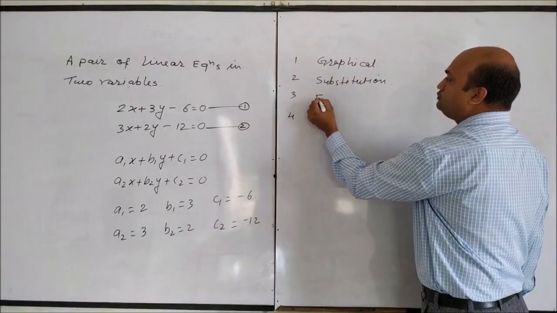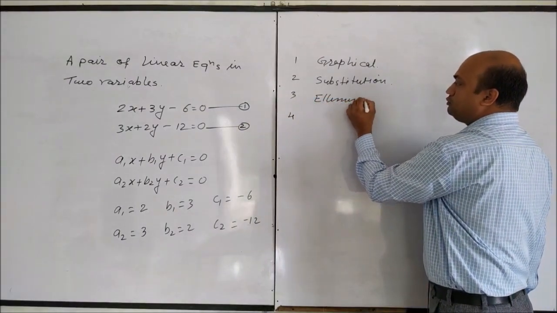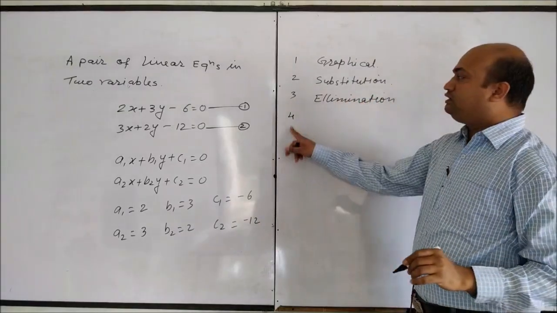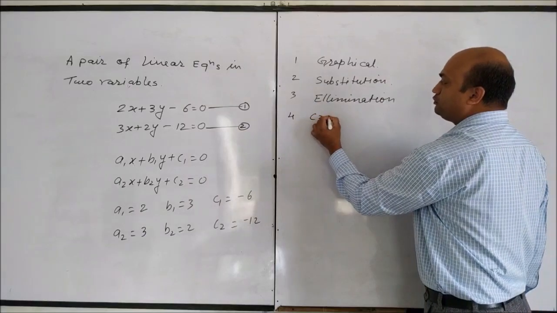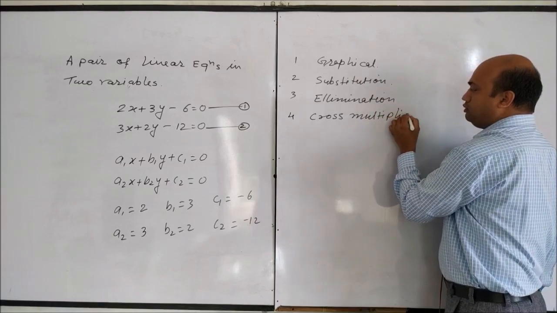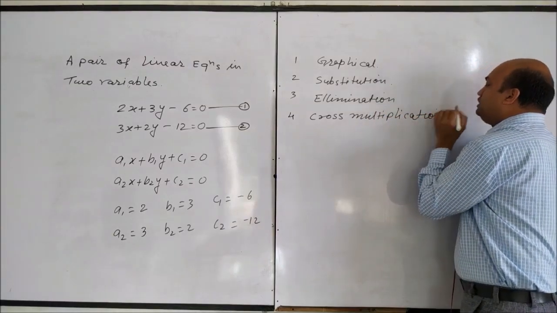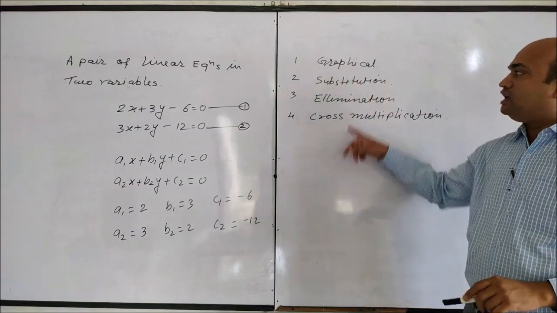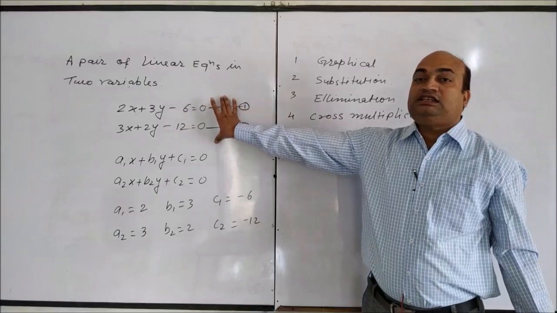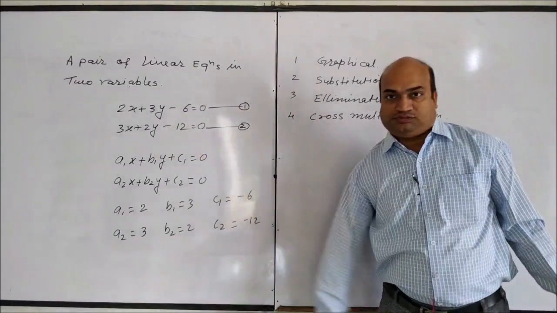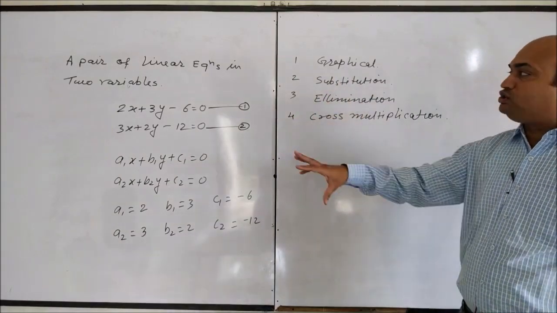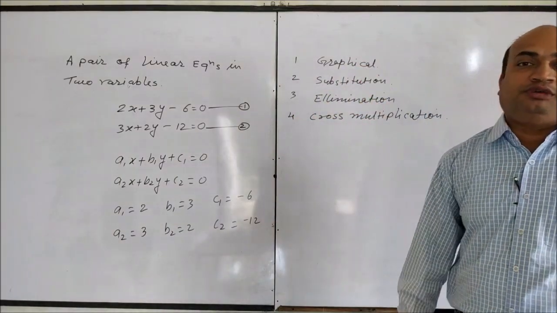Third is the elimination method, and the fourth one is the cross multiplication method. These are the 4 methods we can use to solve any linear equations. If we have a pair of linear equations, then that pair can be solved by any of the 4 methods.